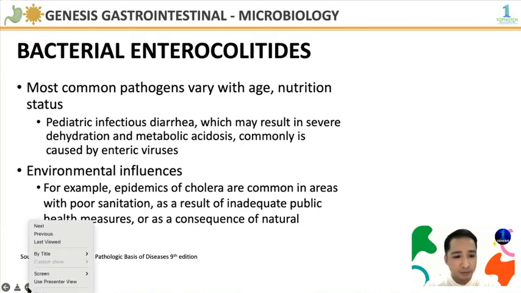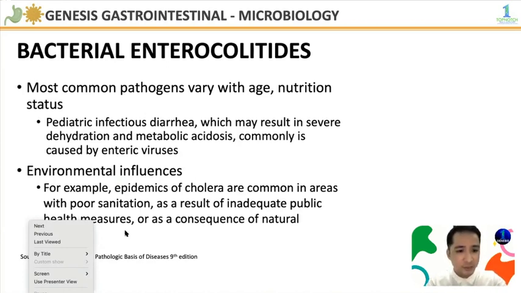So let's discuss some of your bacterial enterocolitides. The pathogens most commonly associated vary with age and the nutritional status of the patient. For example, we have pediatric diarrhea. Most commonly, it will result in dehydration and metabolic acidosis, if you consider the total body water component of the pediatric population.